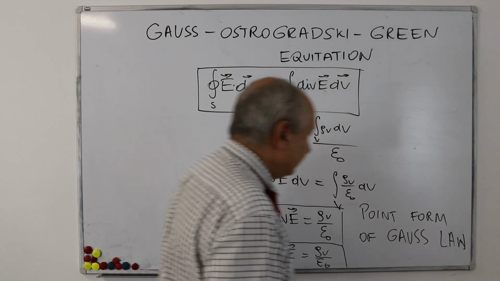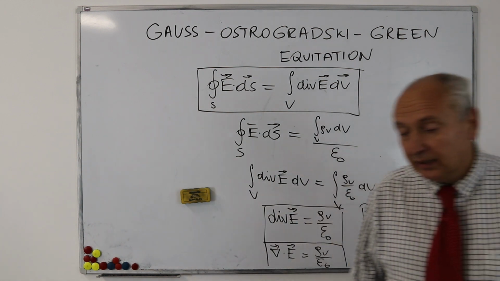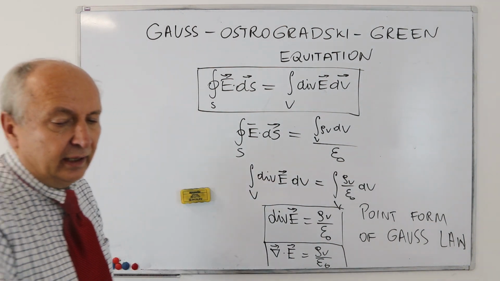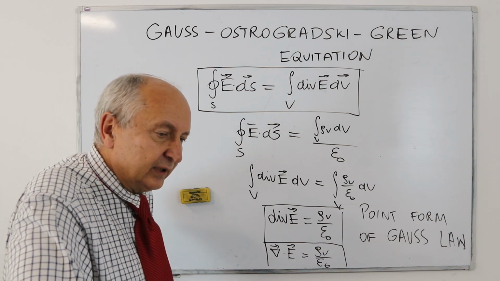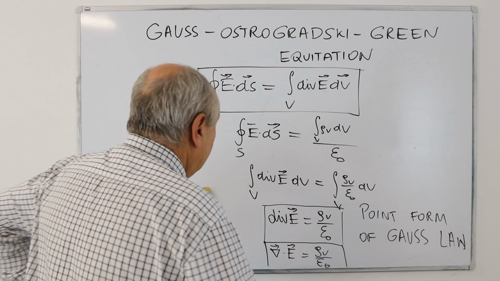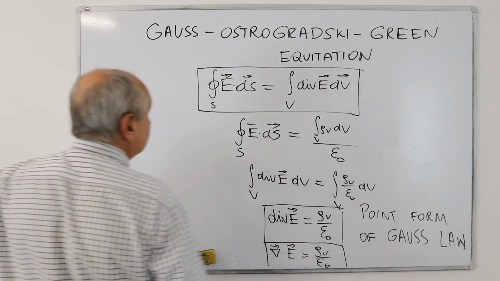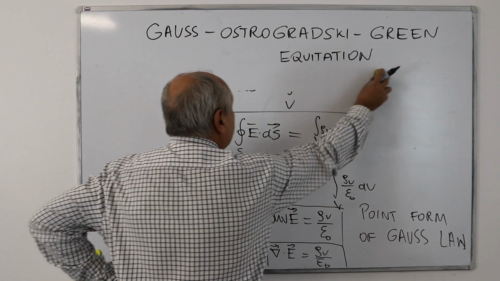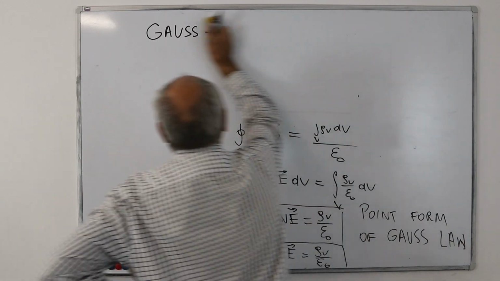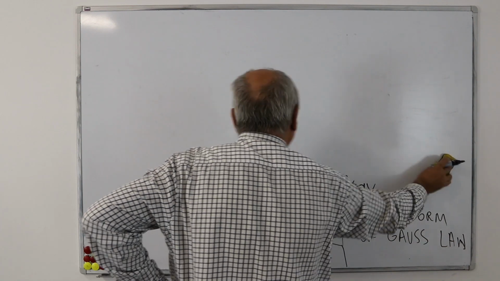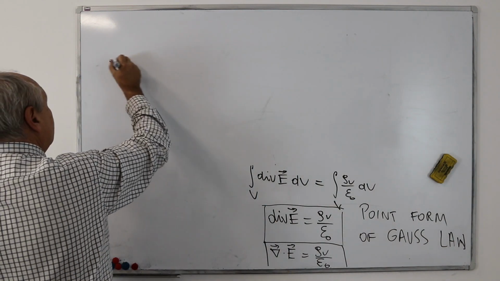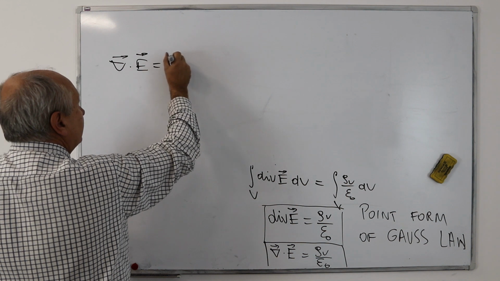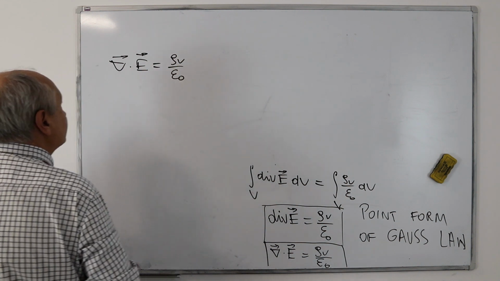The point form of Gauss law, the point form of Maxwell law, will be much more useful than the integral form, and we will learn it during the next lectures. And now we see that we have two formulas that I write one more time. First, this one. Divergence of electric field intensity is equal to rho v by epsilon 0.